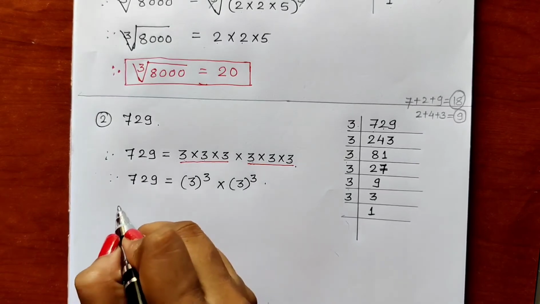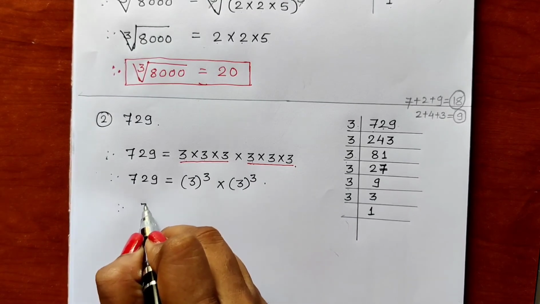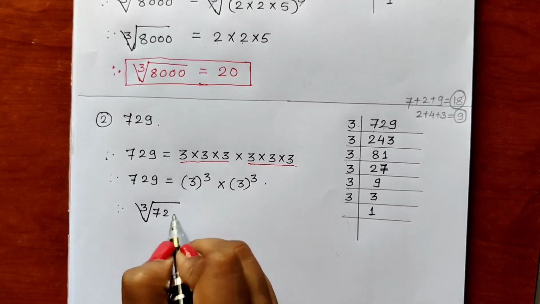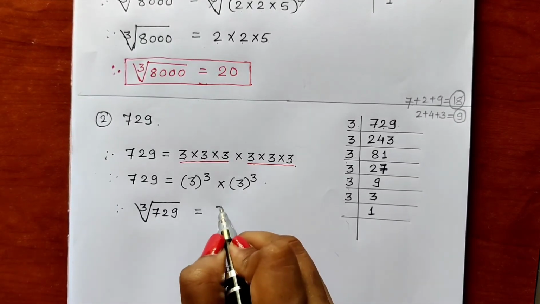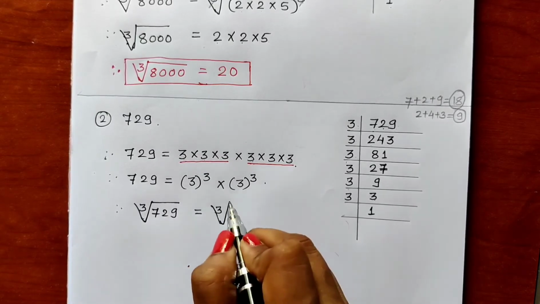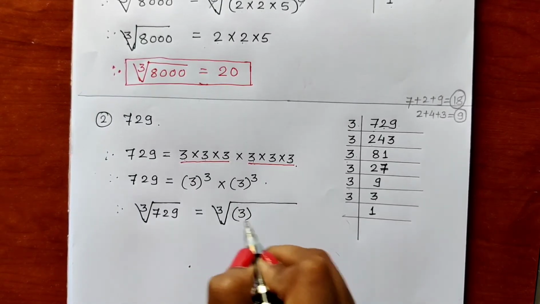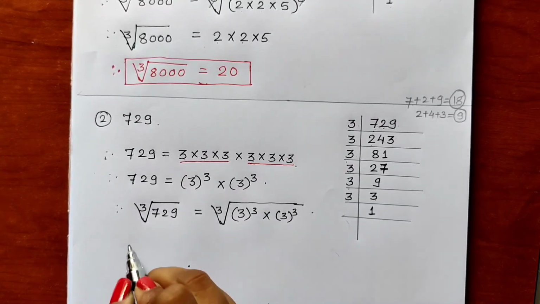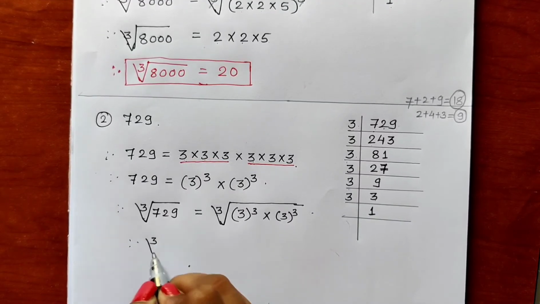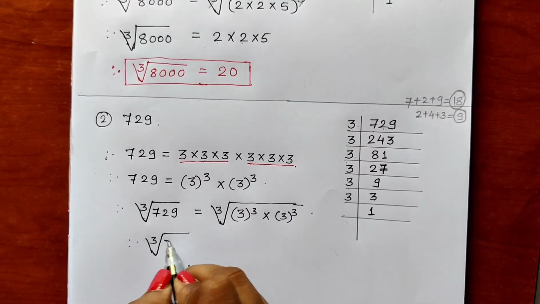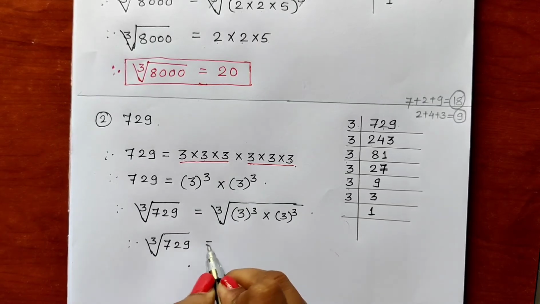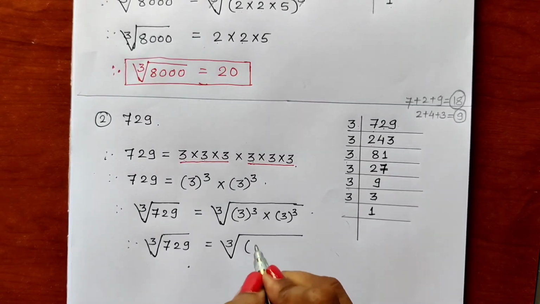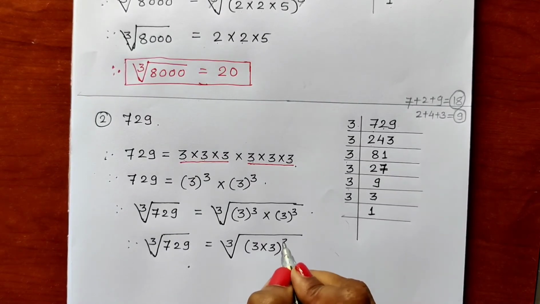Now as we have to find out the cube root of 729, we will be writing under the cube root symbol, cube root of 729 is equal to cube root of 3 cube into 3 cube. So cube root of 729 can be written as cube root of 3 cube into 3 cube.